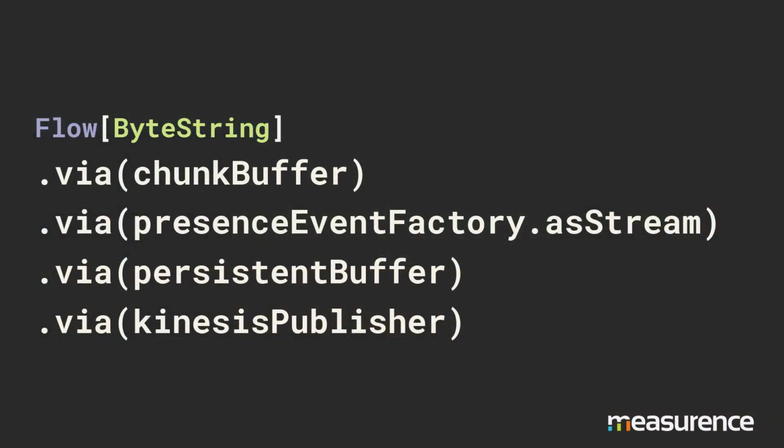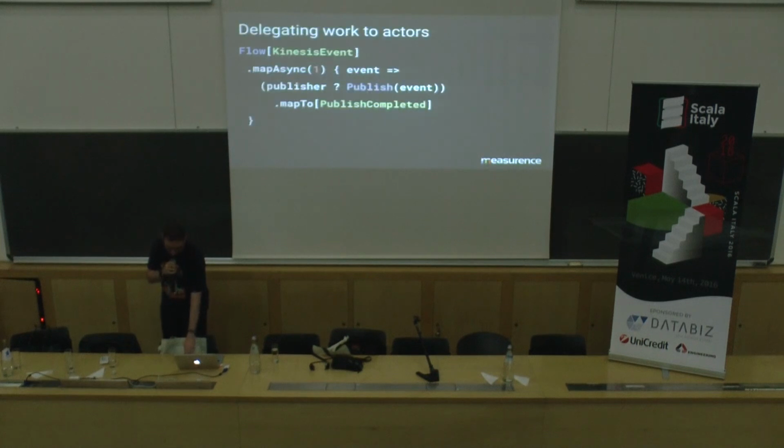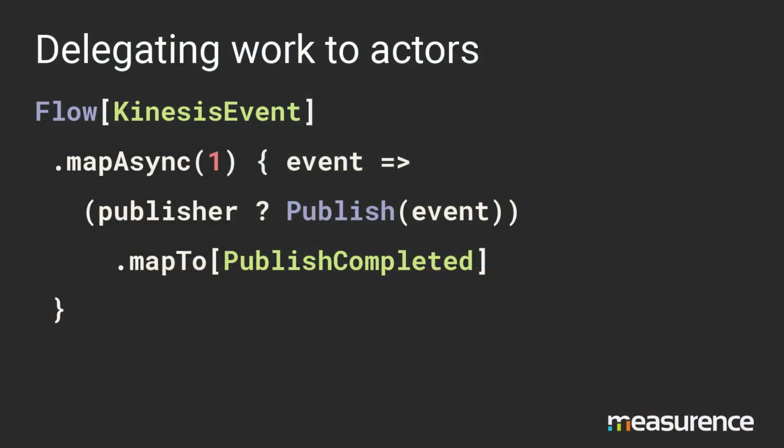Next, now that our data is safe, we are ready to send it to Kinesis. And we use this Kinesis publisher. To implement it, we use the mapAsync that we've seen on one of the previous slides. This mapAsync will map an event that is coming from upstream to a future. I mean, you have to give it a function that maps the event to a future.